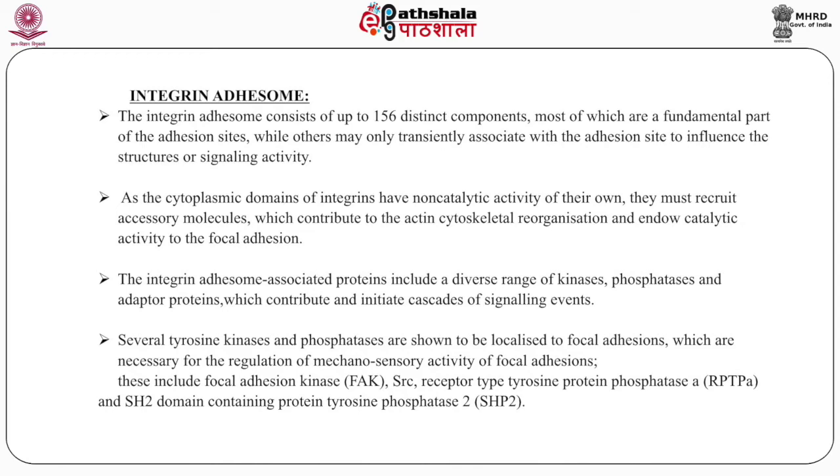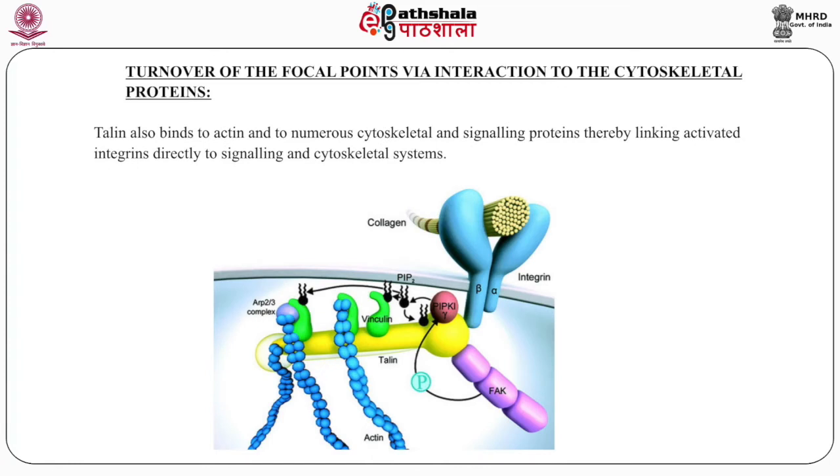Now, the last mode by which integrin crosstalks with ECM is the turnover of the focal points via interaction to the cytoskeletal proteins. Talin also binds to actin and to numerous cytoskeletal and signaling proteins, thereby linking activated integrins directly to signaling and cytoskeletal systems.